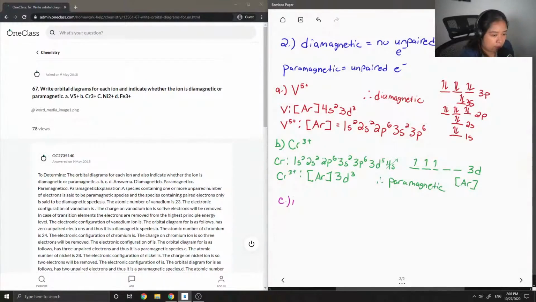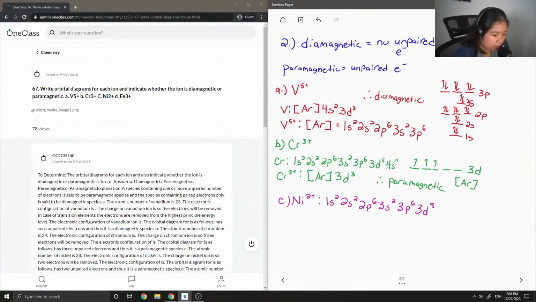Okay, so let's do the same thing for nickel. Its electron configuration for nickel 2+ is 1s2, and so on, ending in 3d8.